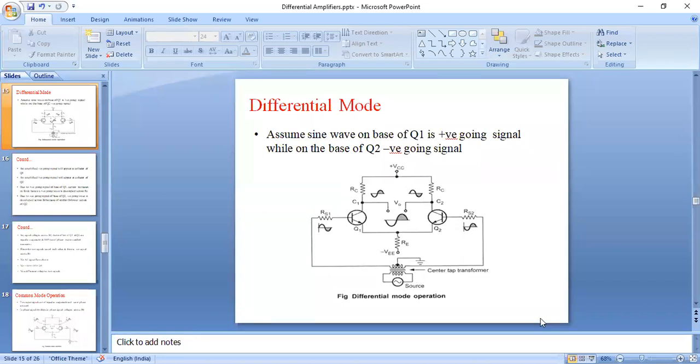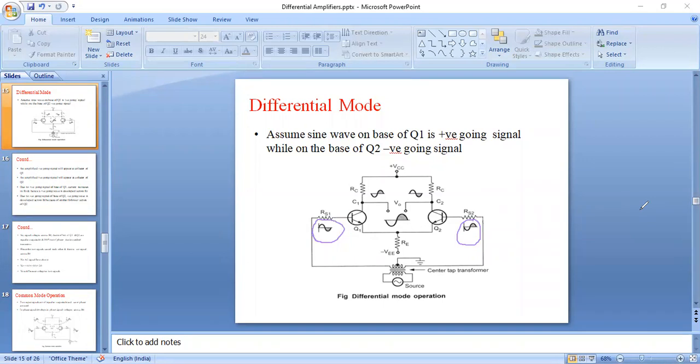Here I am considering two input signals Vs1 and Vs2 which are equal in magnitude but 180 degrees out of phase. That means 180 degrees means negative.